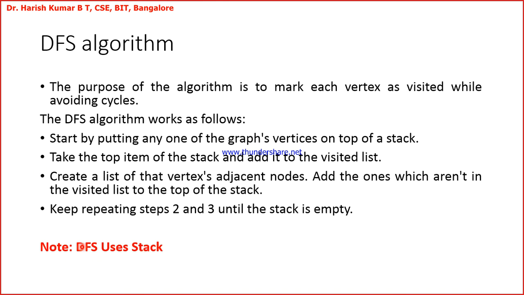So initially you start by putting any one of the graph's vertices on top of the stack, and then take the top item of the stack and add it to the visited list.